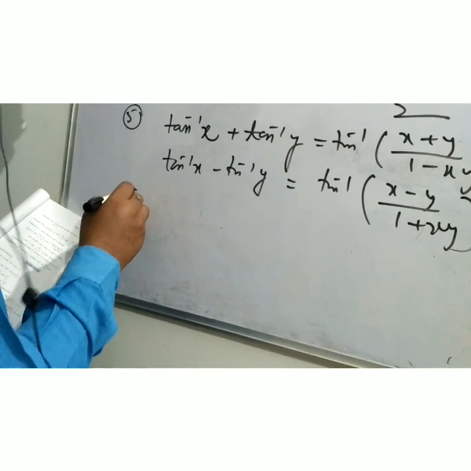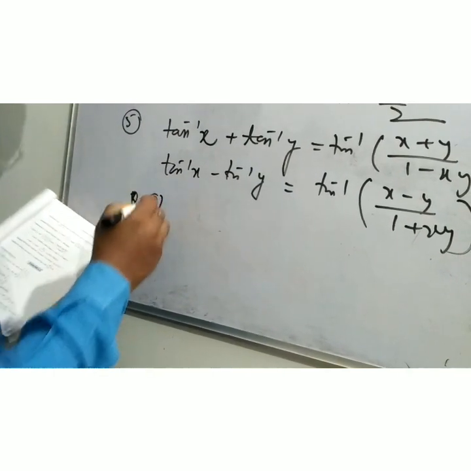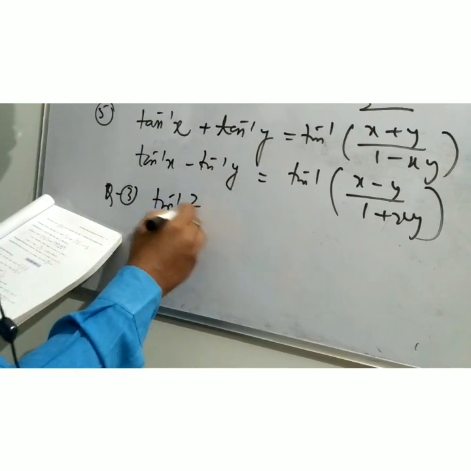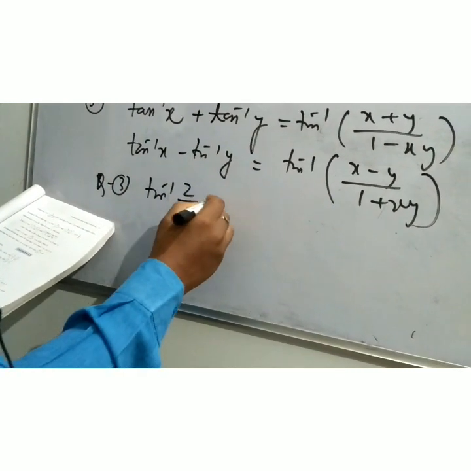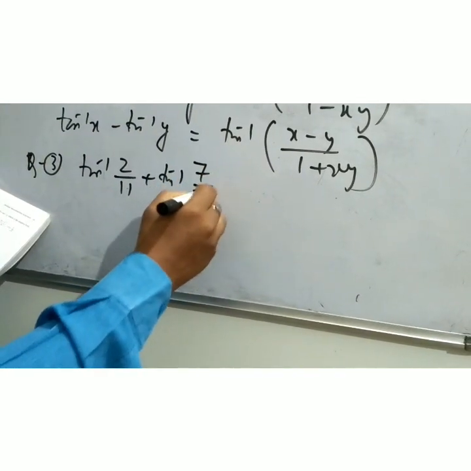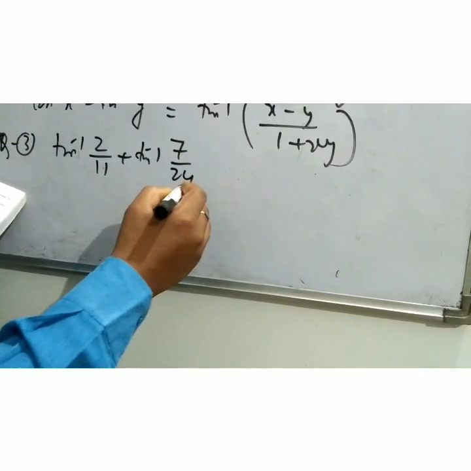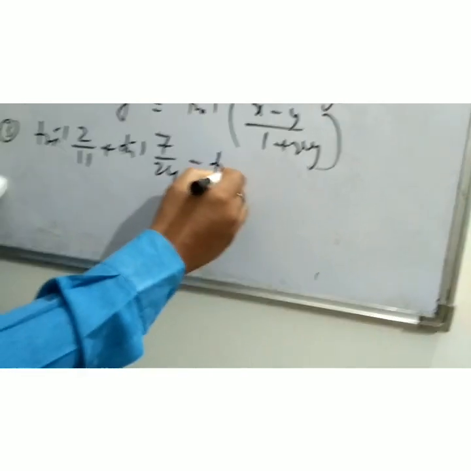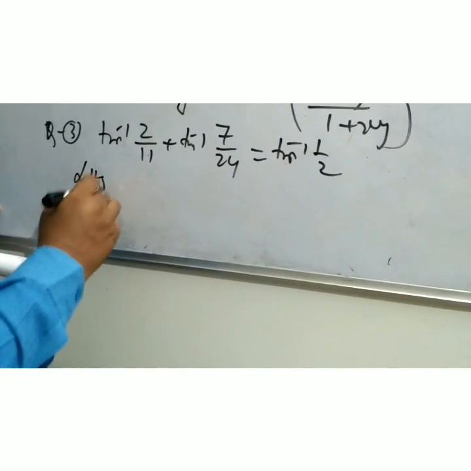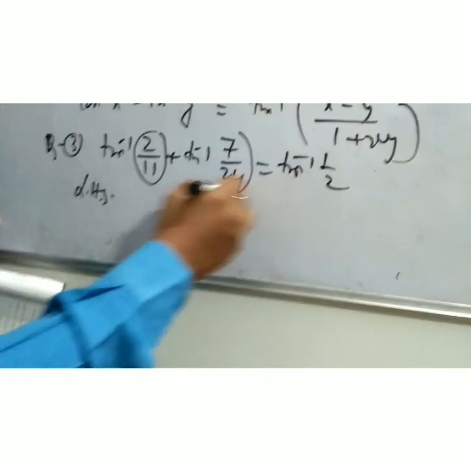Question number 3, exercise problem. Prove that tan inverse 2/11 plus tan inverse 7/24 is equal to tan inverse 1/2. On the LHS, this is x, this is y.